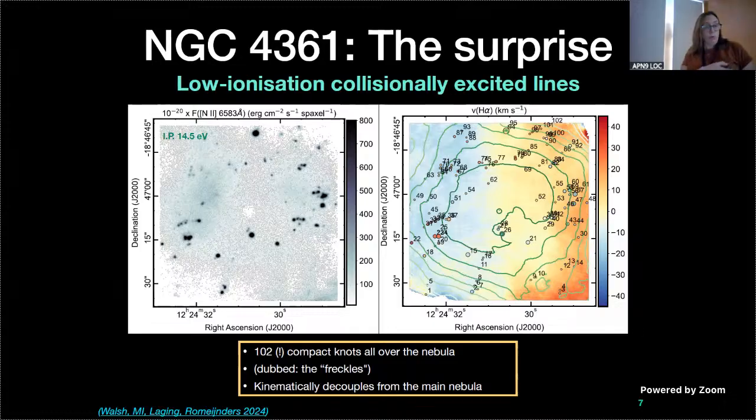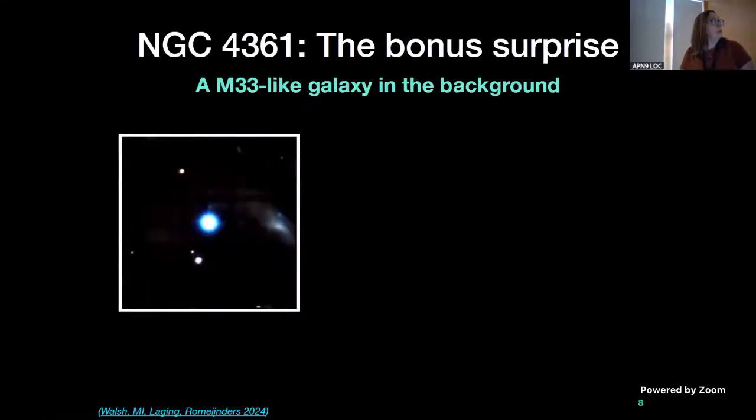And this data cube actually came with a bonus surprise, which is that when we were looking at the data cube, we noticed that in certain portions we were getting a set of emission lines that was systematically shifted towards the red. And actually that corresponded to the HII regions that were in a background galaxy.